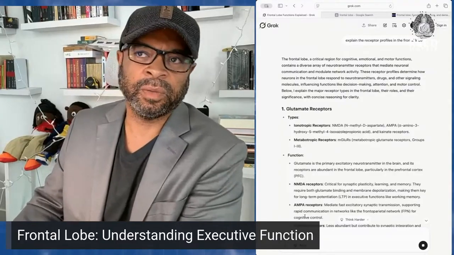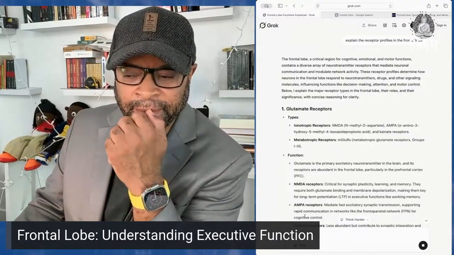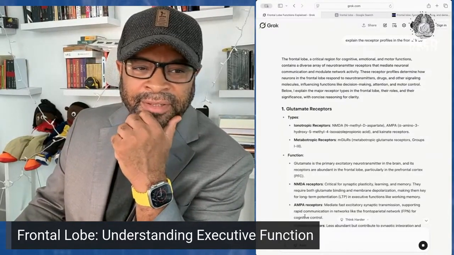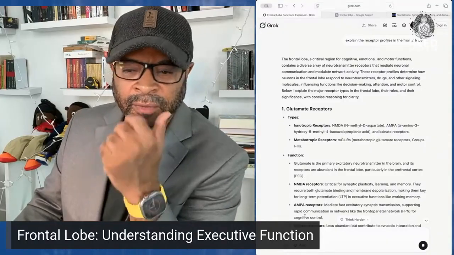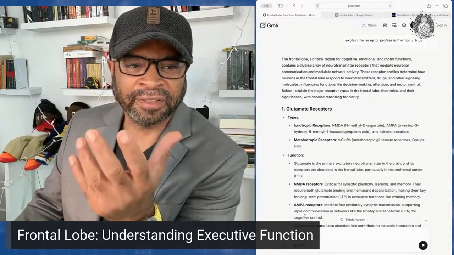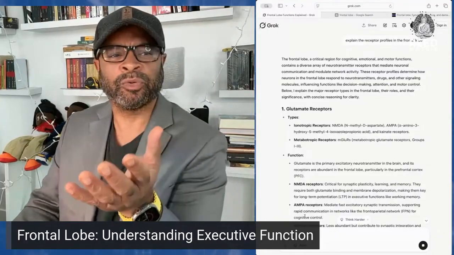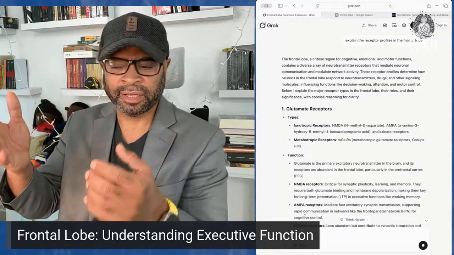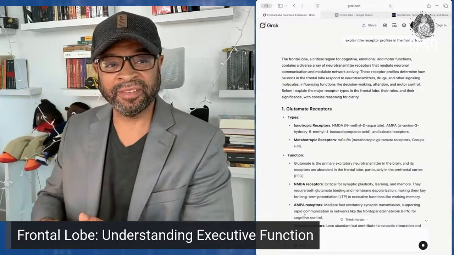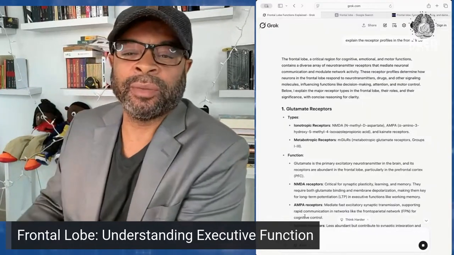And remember, we covered the amygdala yesterday. And remember, we're looking at the different receptors. I'm sure it's the same group of receptors: glutamate, GABA, dopamine, right? Serotonin, norepinephrine.